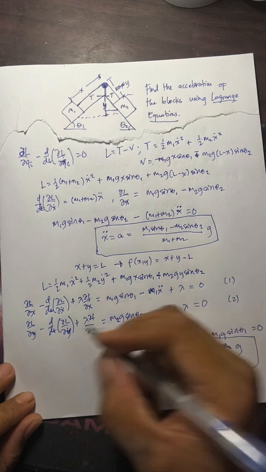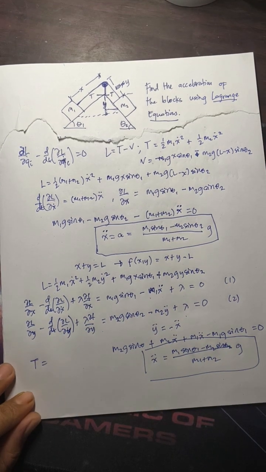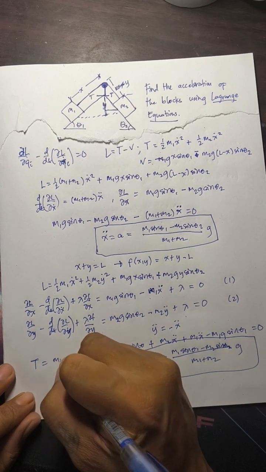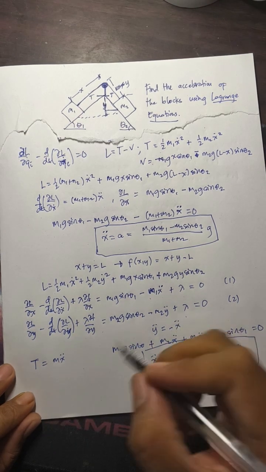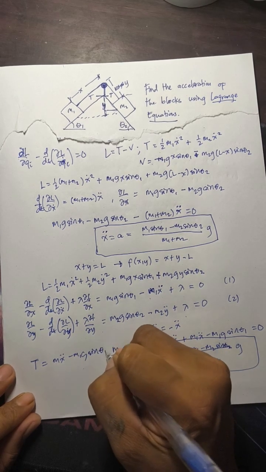And that would be lambda. From here, the tension lambda is just equal to, what's the tension there? This is m1 x double dot minus m1 g sine of theta 1.